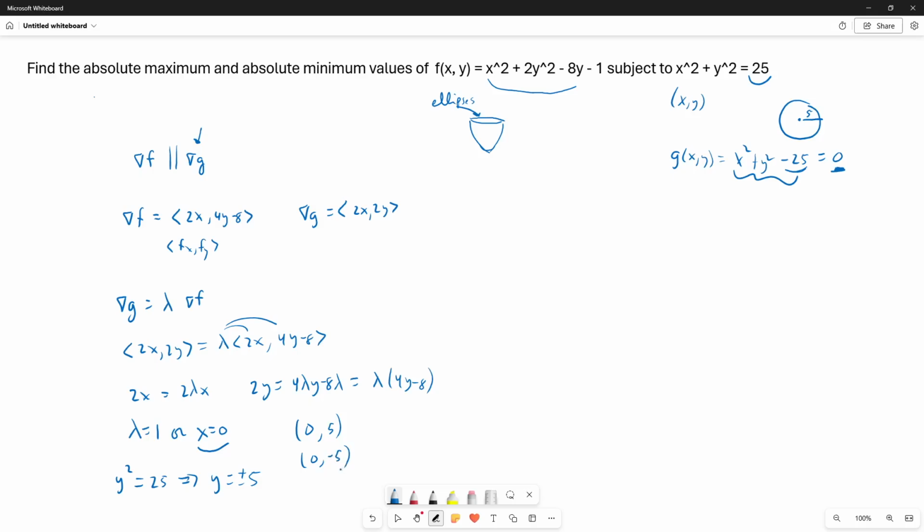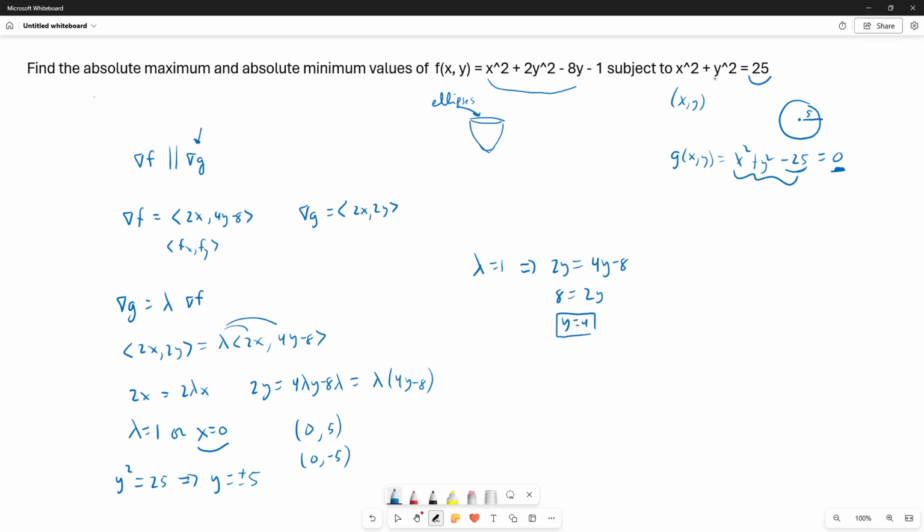Now let's consider lambda equals 1, and what does that tell us about y? If lambda is equal to 1, then 2y is equal to 4y minus 8. And that's going to tell us 8 is equal to 2y, so y is equal to 4.